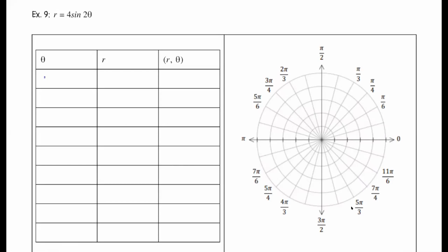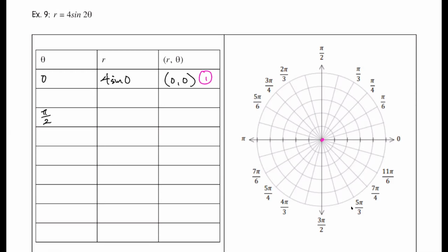So if I plug in 0 for theta, we get 4 sine of 0, which is 0. So I get 0, comma 0. Okay, so if this were my first point, I would have a point right at the origin. Now we've been trying pi over 4, but let's skip that for a moment.